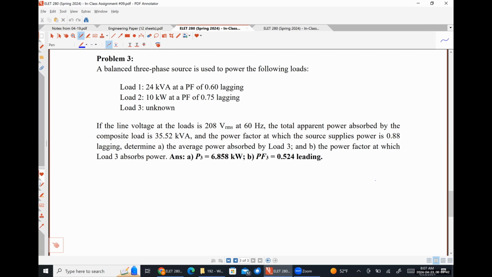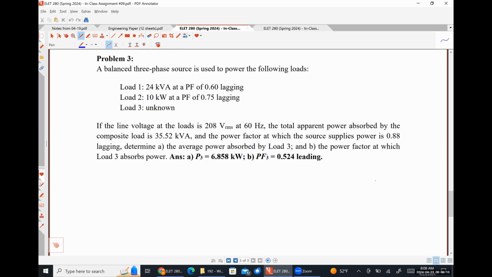We are told the line voltages at the load is 208 volts RMS in magnitude at 60 hertz. We are told the total apparent power absorbed by the composite load is 35.52 kilovolt amperes, and the power factor at which our source is supplying power is 0.88 lagging.